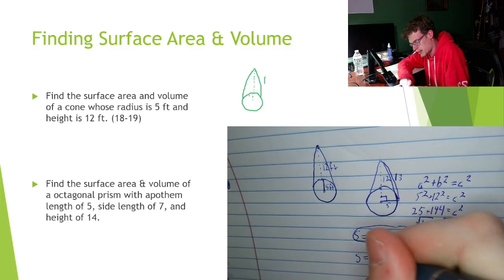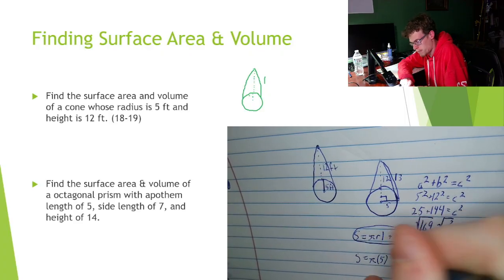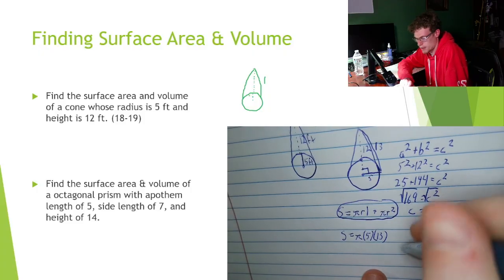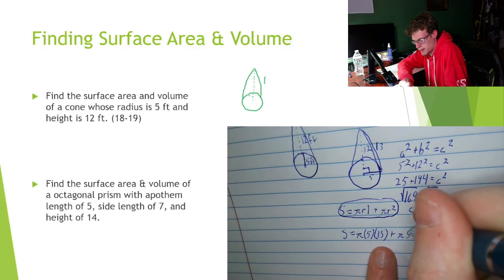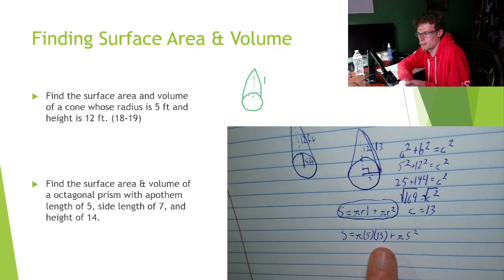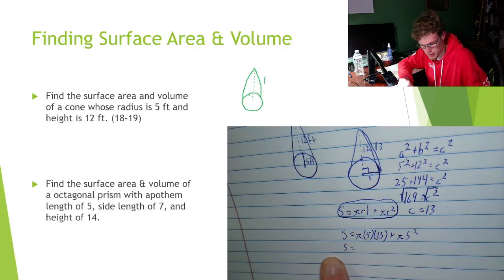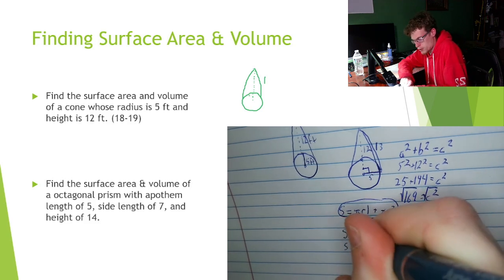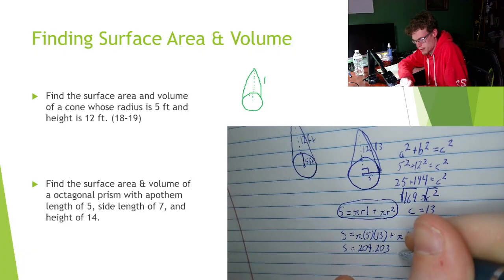Surface area equals pi times my radius of 5 times my slant height of 13. Add that to pi times my radius of 5 squared. Done. So surface area equals 5 times 13 times pi equals 204.203 for that.